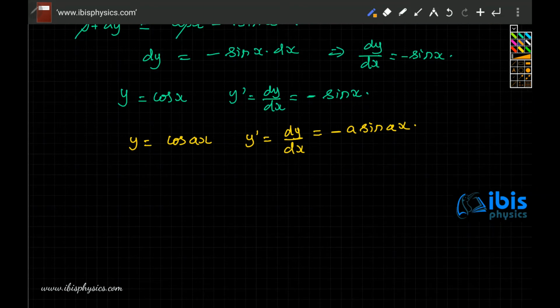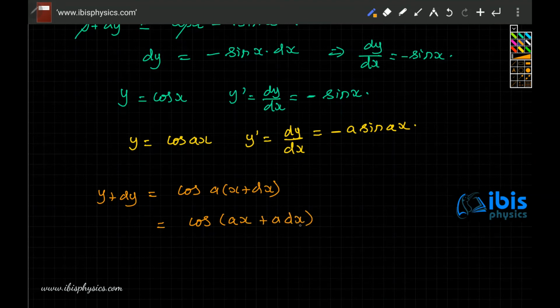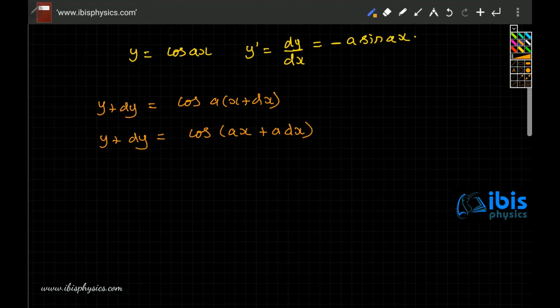Y is equal to cos ax, then when x changes by a small value, x plus dx, then y also will become y plus dy, then the same drill, actually ax plus a dx, so y plus dy.